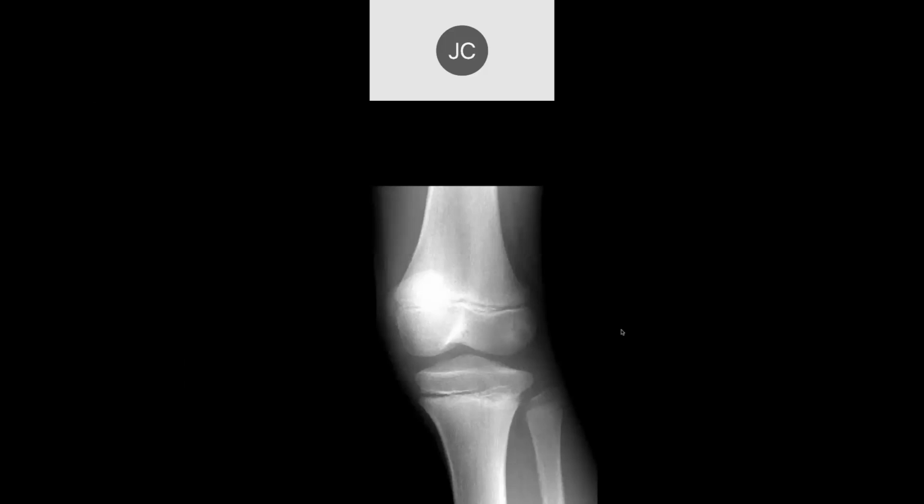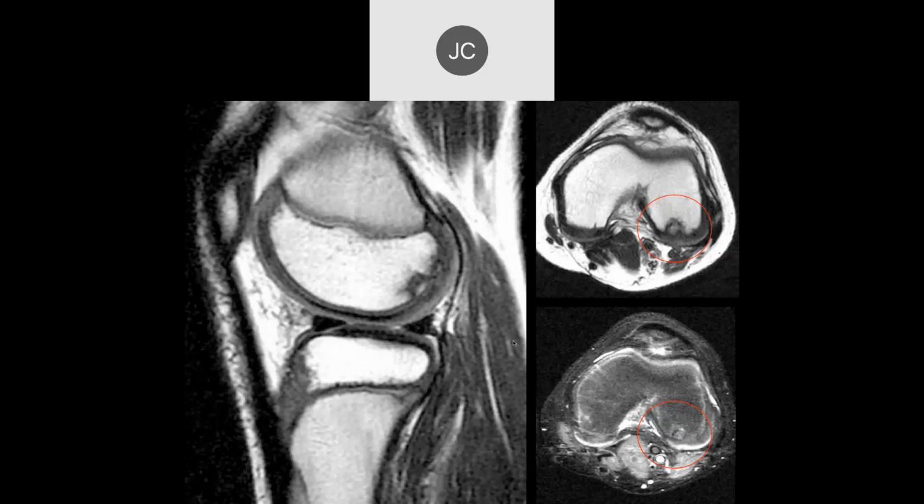All right, so we have x-rays of the knee looking at the lateral femoral condyle. There's some irregularity. You've got another osteochondral injury. Here we can see the subchondral fracture injury with a pretty well-defined interface between the central fragment and the underlying bone.